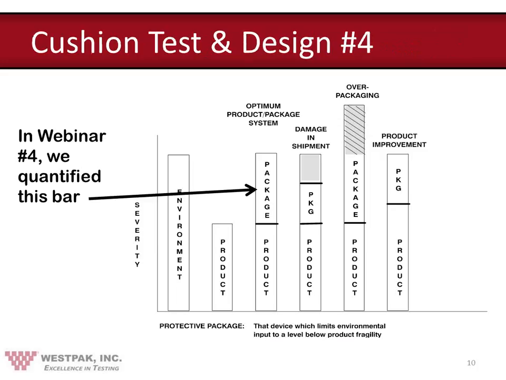In webinar number 4, we concentrated on the package bar, if you will, and how we quantify that bar. In particular, we looked at cushion material evaluation, how we test cushions for both their impact and vibration absorbing characteristics primarily.